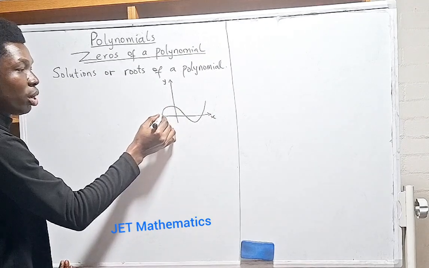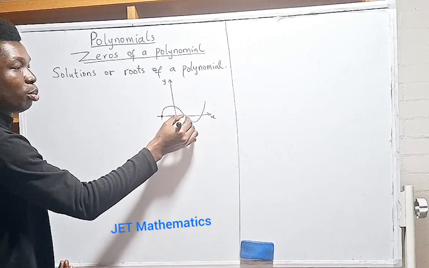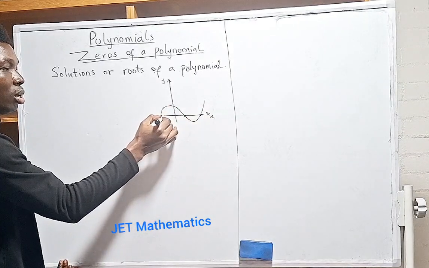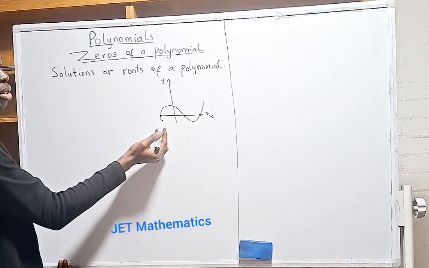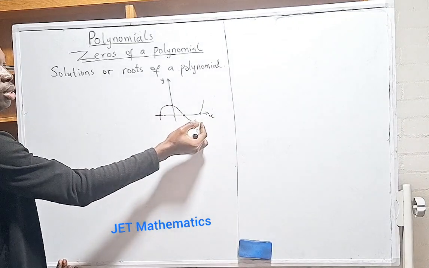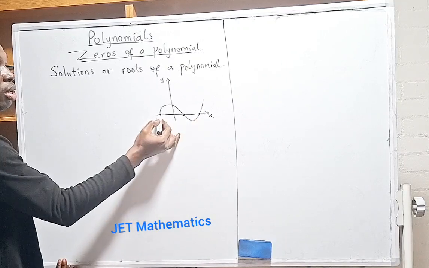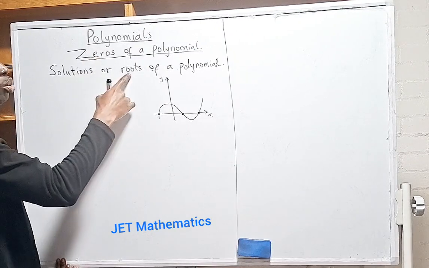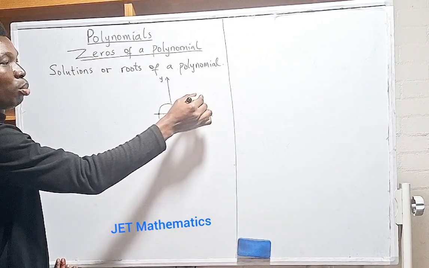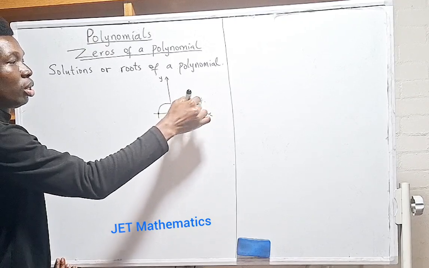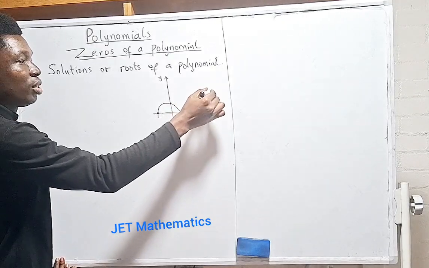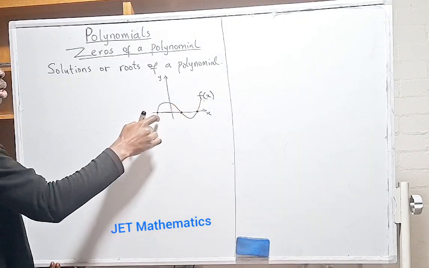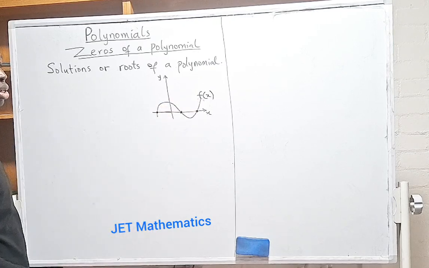At these points where the curve cuts the x-axis, these 3 points give us the solutions, or the zeros, or the roots of this polynomial. Let's say this polynomial is f of x. So this gives us the zeros of this polynomial f of x.